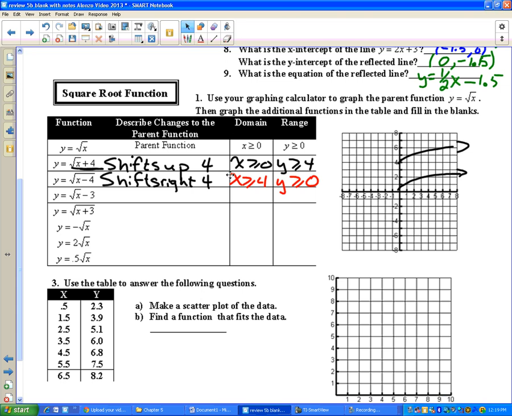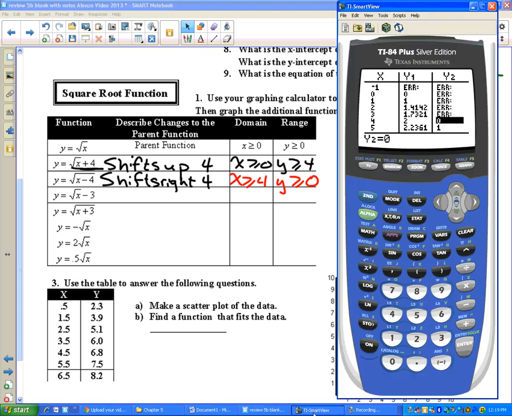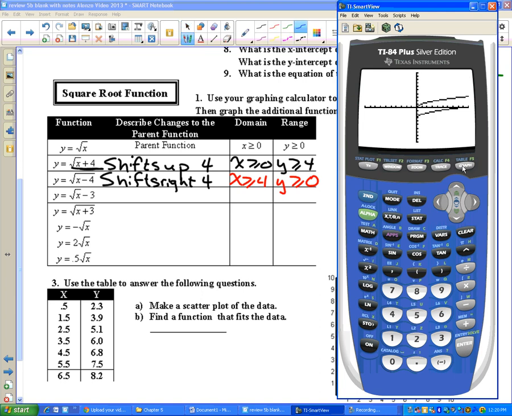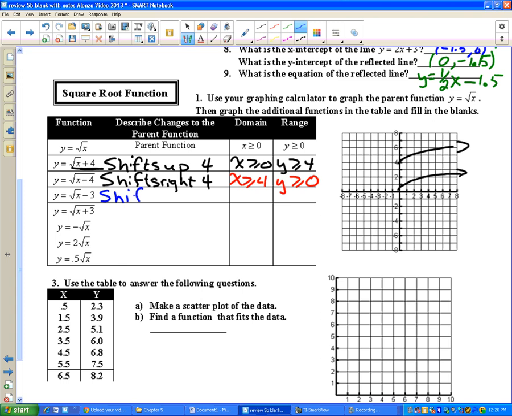All right, let's do the fourth one down. So I go back to y equals. I'm going to change x minus 4 to square root of x, close off the square root, and then do minus 3. I'm going to go to my graph, and this is going to shift down 3. So we're going to say shifts down 3.